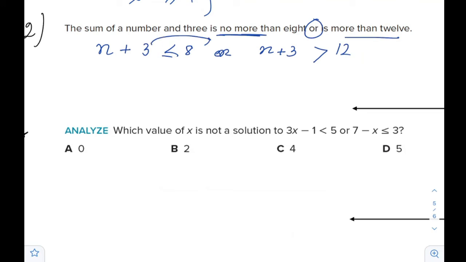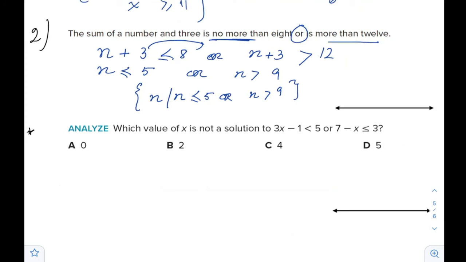And we will solve as usual. 8 minus 3 is 5, or n greater than 12 minus 3 is 9. So our solution will be n such that n is less than or equal to 5 or n more than 9.